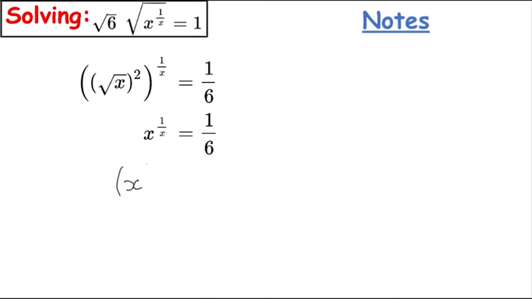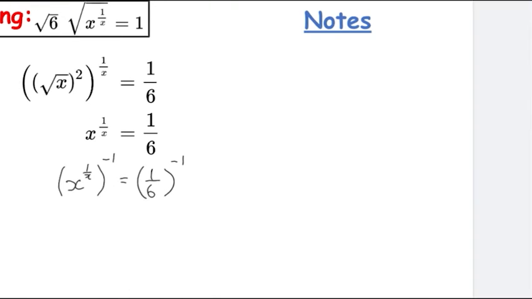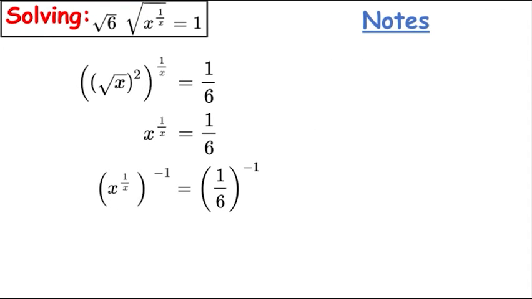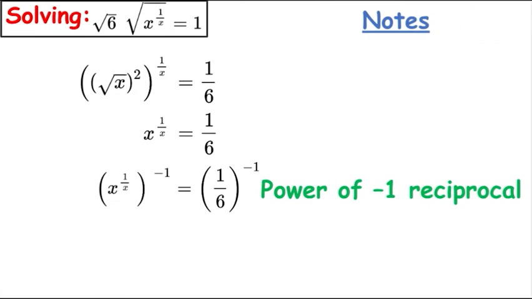So we have x to the power of 1 over x all to the power of negative 1 and the 1 over 6 to the power of negative 1. So with this reciprocal power, this is going to invert the fraction on the right hand side, but it will also change the sign of the 1 over x. So we will have 1 over 6 to the power of negative 1 will give 6 over 1, which is 6.